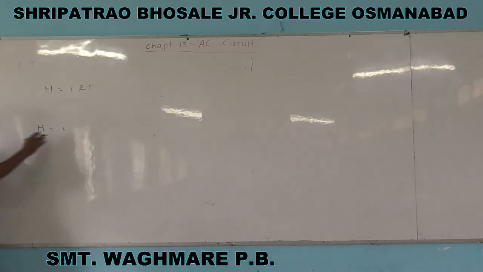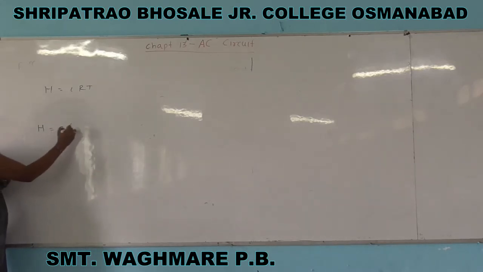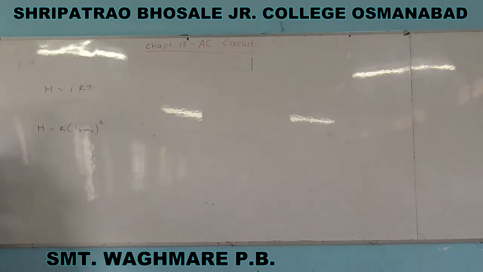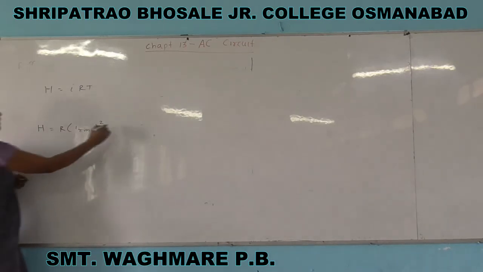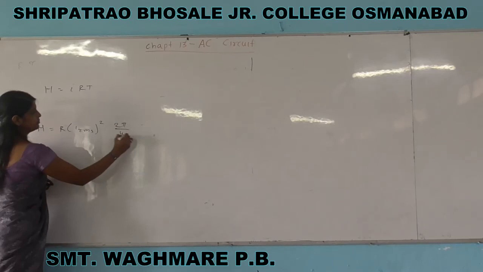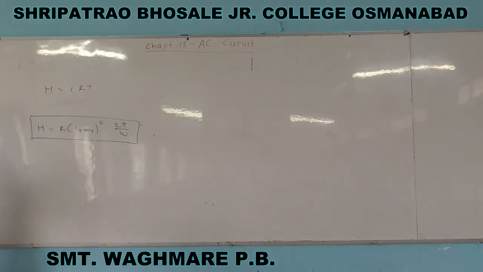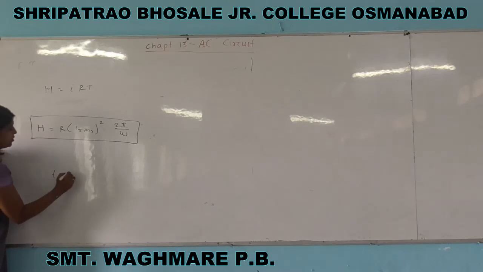H is equal to R into I RMS square into 2 pi by omega. It is the same as the heat produced by a DC current of magnitude I RMS for time t equal to 2 pi by omega.